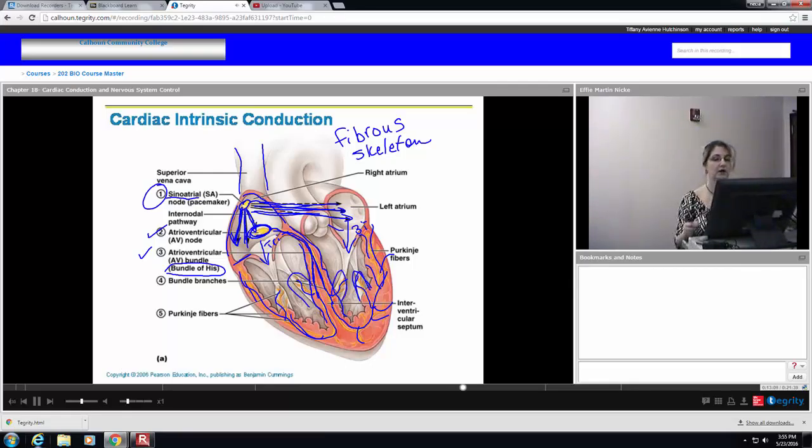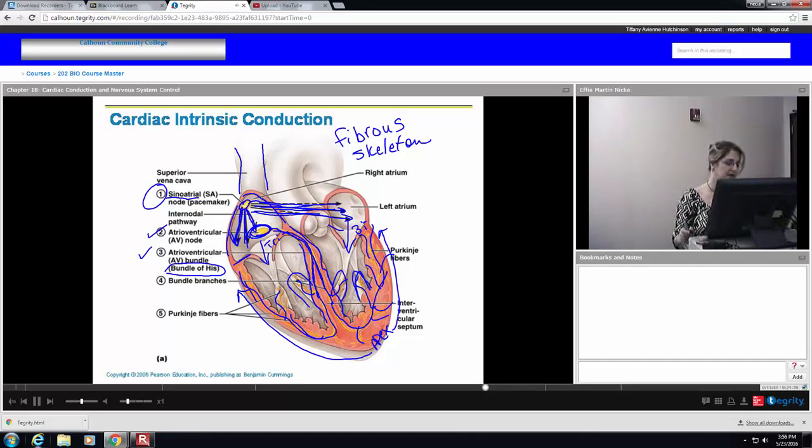As this impulse travels down toward the apex of the heart, these cells are being stimulated, so you really start seeing contraction from the apex up. When the cells in the apex begin to become depolarized, they start contracting, and you have a squishing of all of the myocardium, which forces the blood out through the aortic valve and the pulmonary valve.